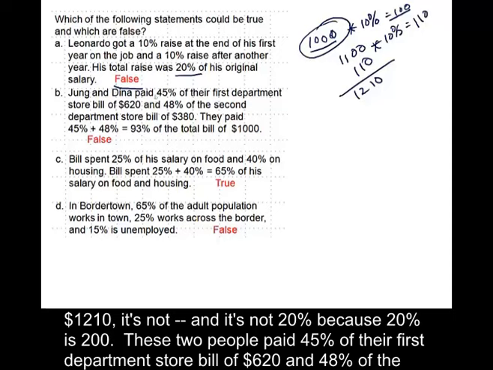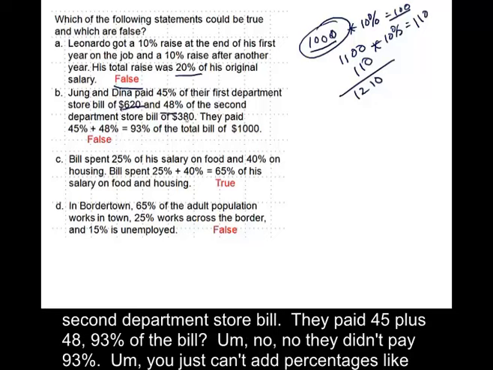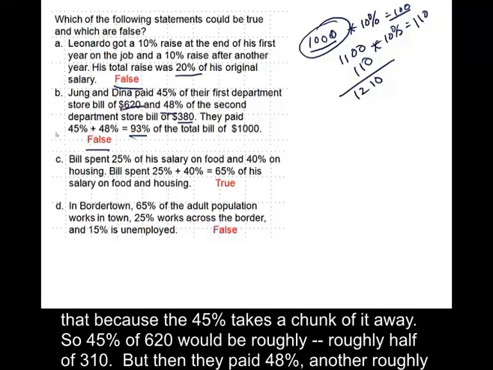These two people paid 45% of their first department store bill of $620 and 48% of the second department store bill. They paid 45 plus 48, 93% of the bill. No, they didn't pay 93%. You can't just add percentages like that, because the 45% takes a chunk of it away.